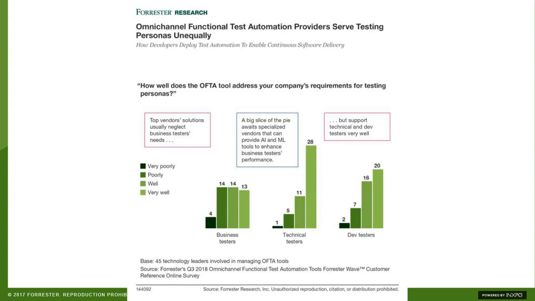And the other interesting data point of where we are is, how do we serve, and which personas are we serving in an organization from a testing perspective? Well, you can see that again in going back to the data that comes from those 45 technology leaders of end user companies that are working with the most advanced functional test automation tools on the market.